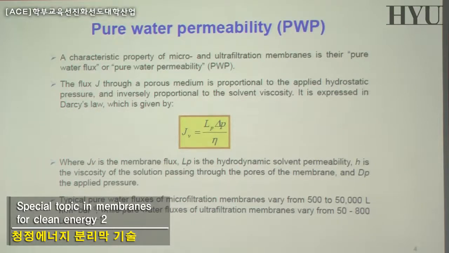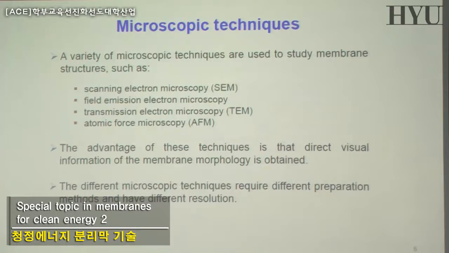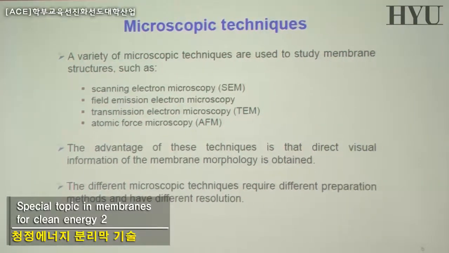So the slope of J versus delta P is LP. From this plot, you can easily measure the permeability of the membrane. That's the easiest way of measuring the flux and the permeability of your membrane.